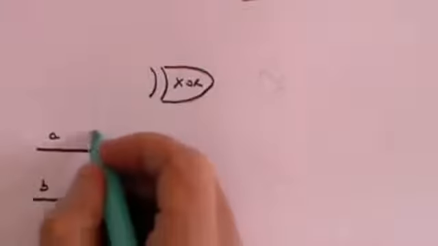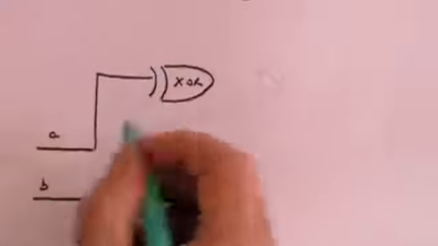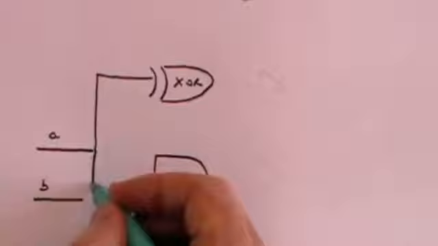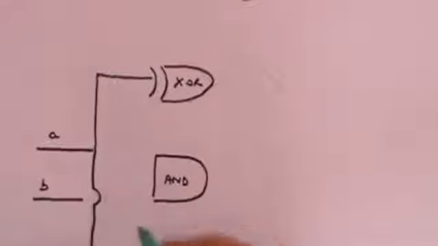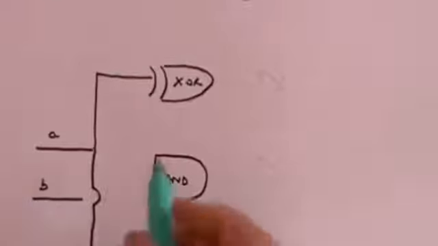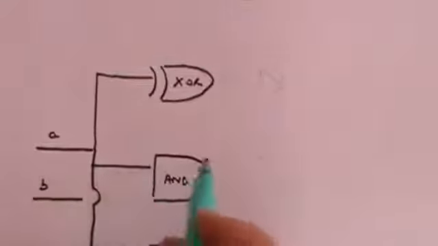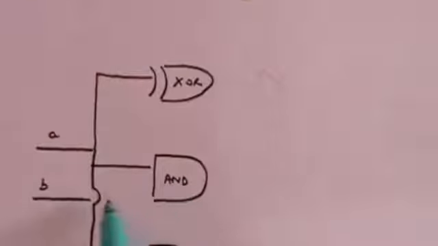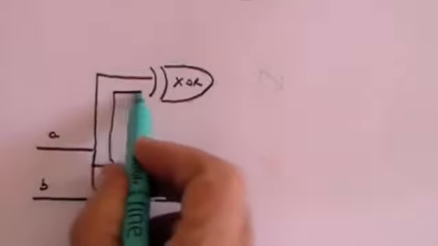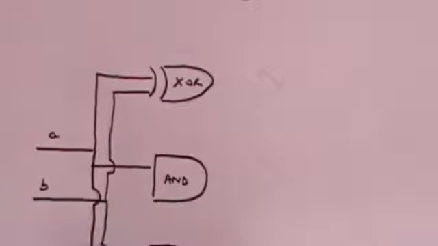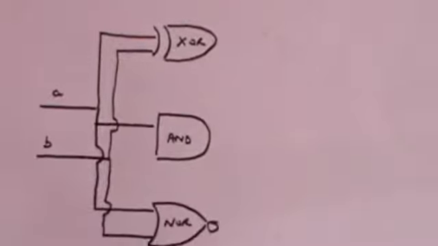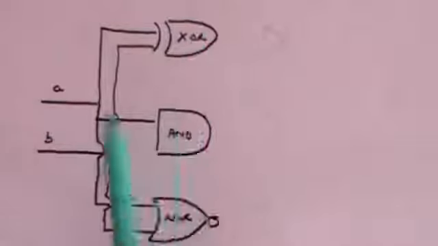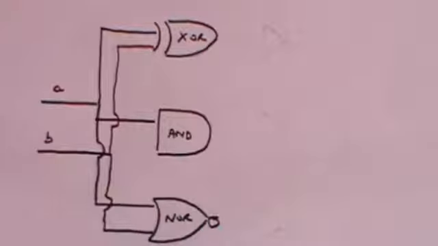So we're now going to feed these cables through to all of our logic gates. We're also going to feed the B through to all of the logic gates. So now we've got A and B feeding through to each of our 3 logic gates.